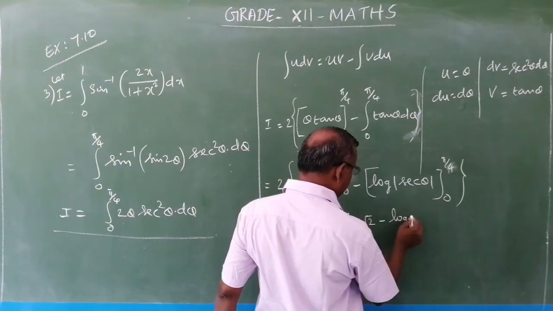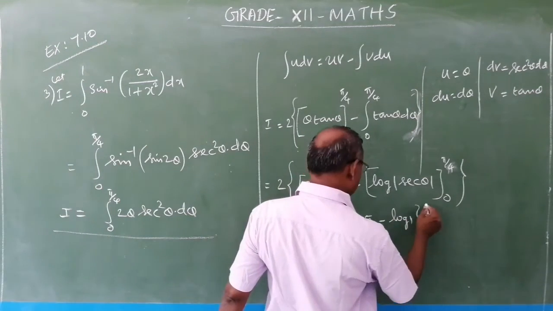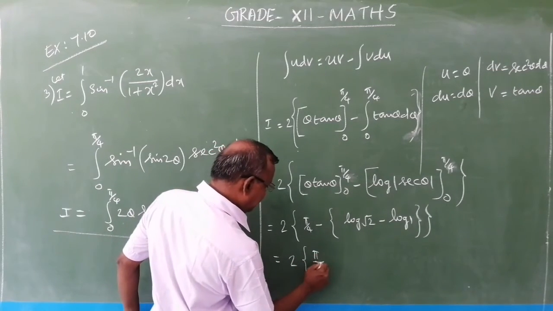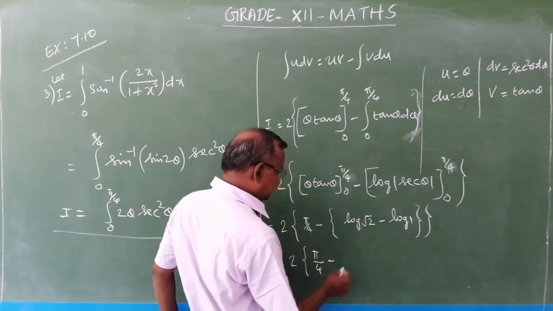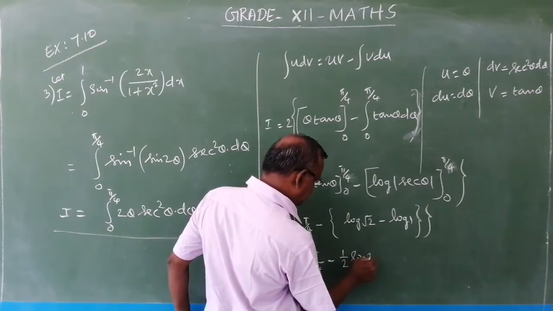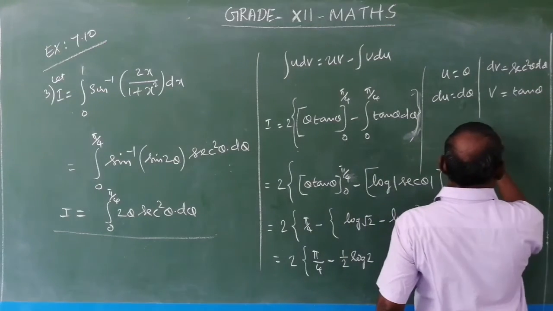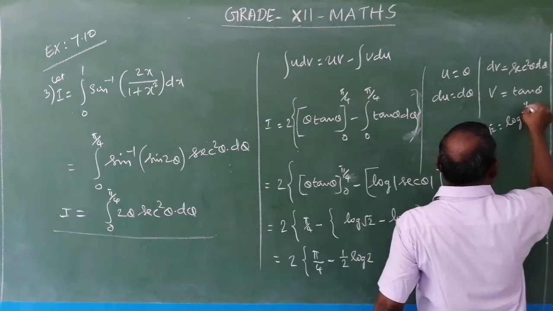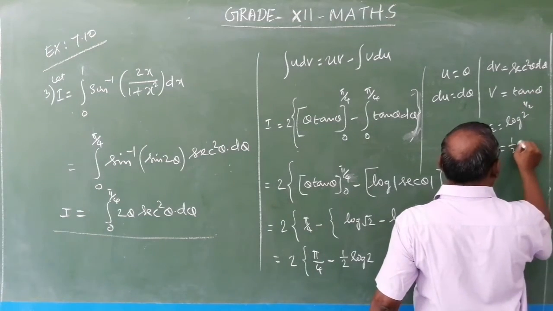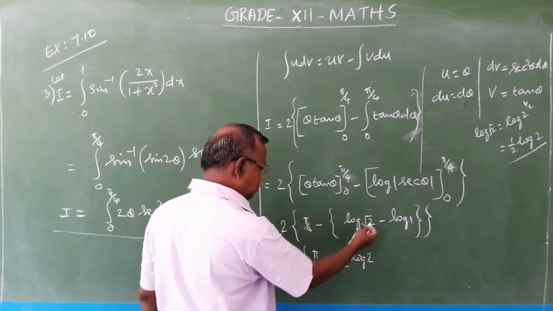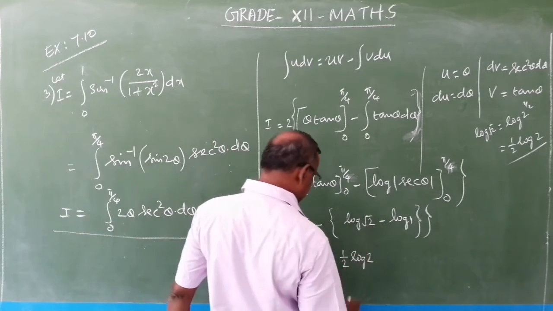So, log 1 equal to 0, and this is equal to 2 into pi by 4 minus, this can be written as 1 by 2 into log 2, because log root 2 equal to log 2 power 1 by 2. So, this is 1 by 2 into log 2 and this is 0.